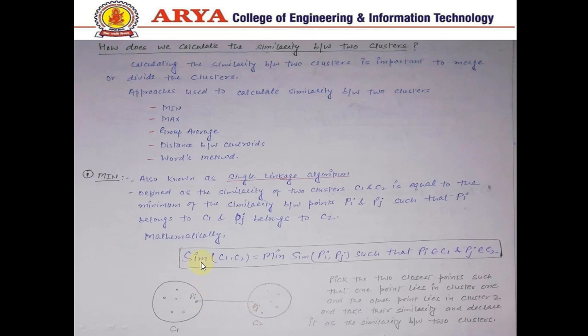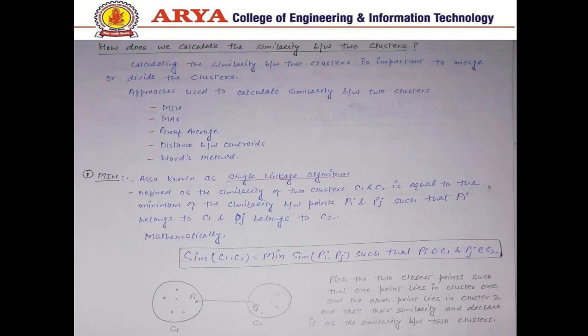So similarity between C1 and C2 is the min similarity of Pi, Pj such that Pi belongs to cluster 1 and Pj belongs to cluster 2. That is the min concept.